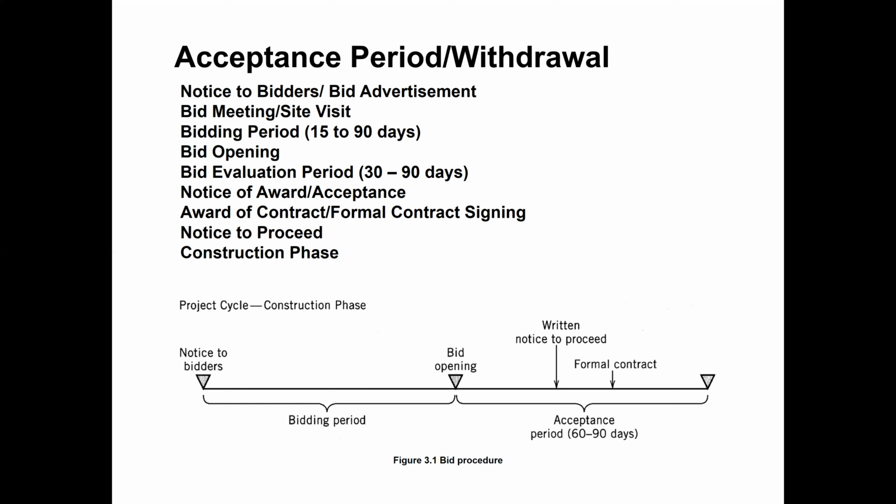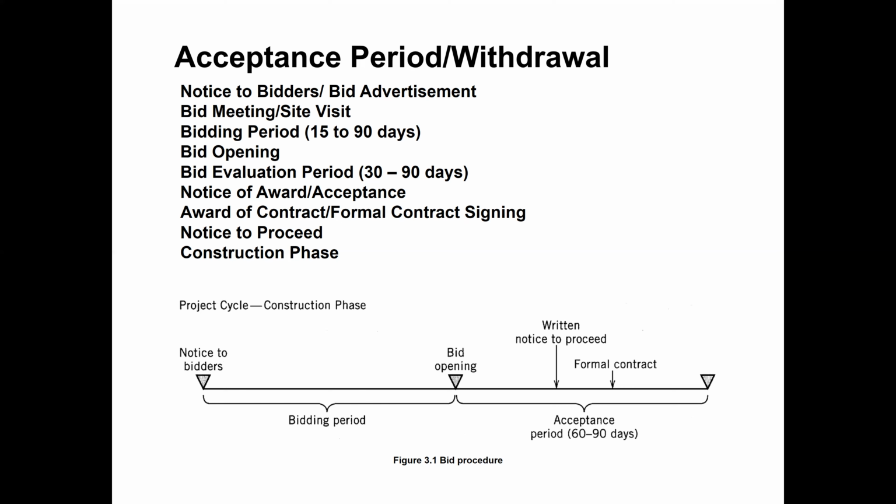If that contractor accepts, they can arrange insurance for the project, or they can arrange the performance bond. Then the parties can decide to award the contract, or to hold a formal signing ceremony for the contract.